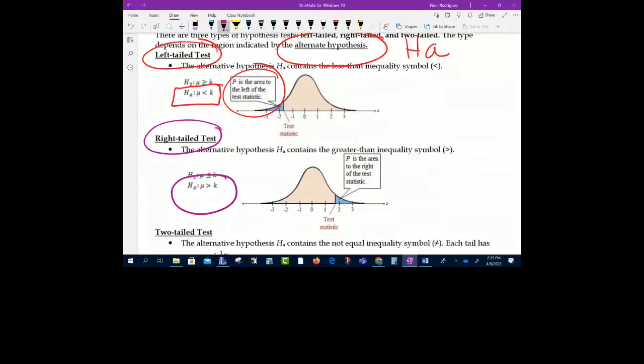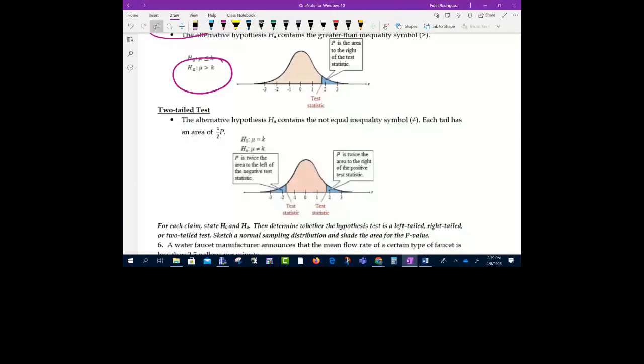Now, the question is, how do we know when we have a two-tail test? Right here, if you look at my HA, do you see how the HA has not equal to? Not equal to is going to be the outsides. That's when it's going to be a two-tail test.